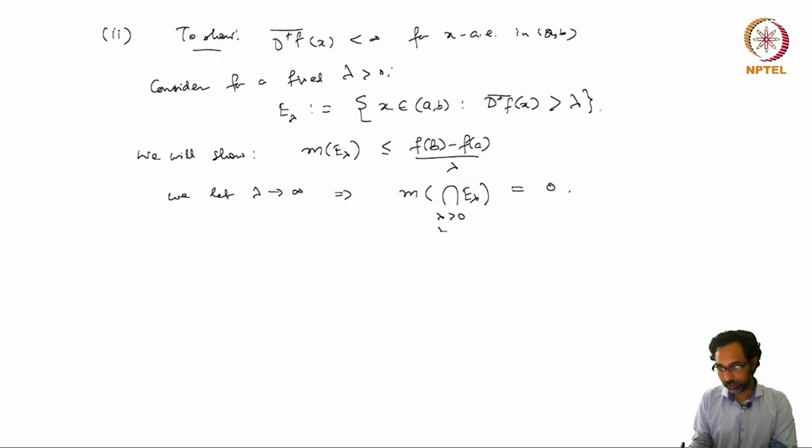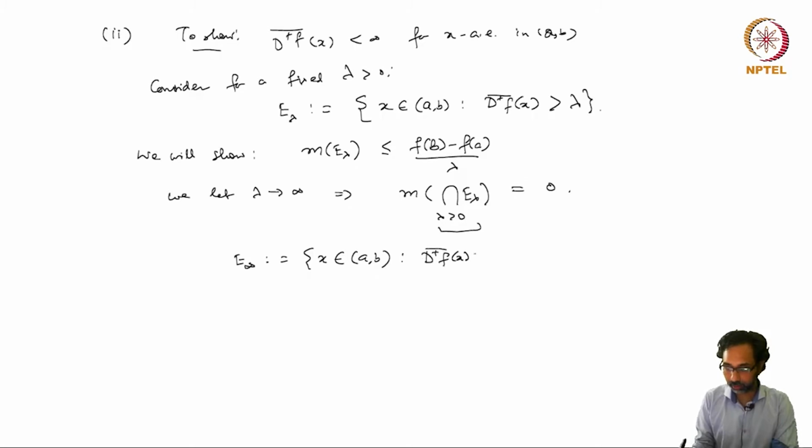But note that this is precisely the set E infinity, the set of points x in AB such that d plus f upper bar is equal to positive infinity, and this is equal to the intersection of all these E lambdas.